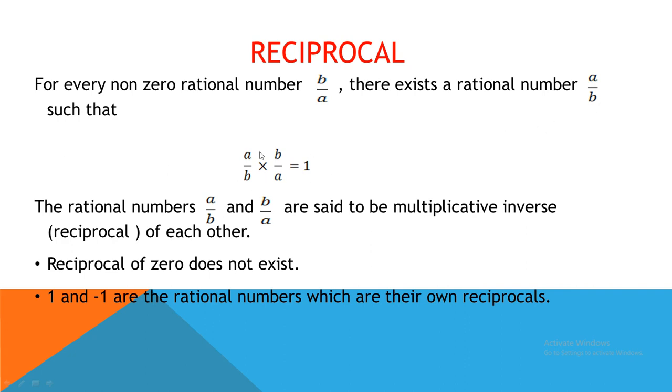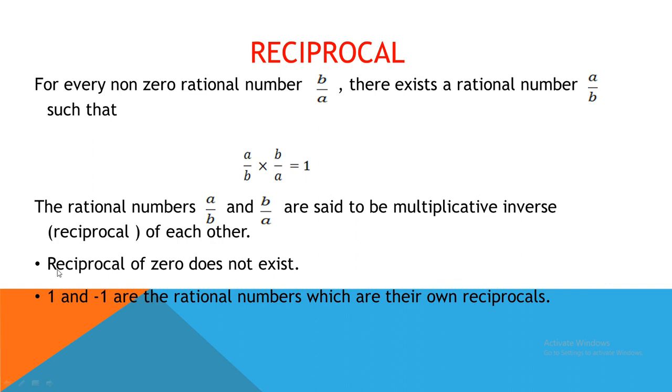If you multiply a by b and b by a together, you get 1. So the rational numbers a by b and b by a are said to be multiplicative inverse or reciprocal to each other.